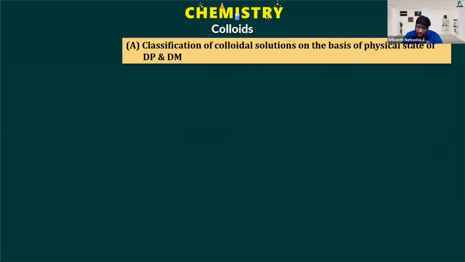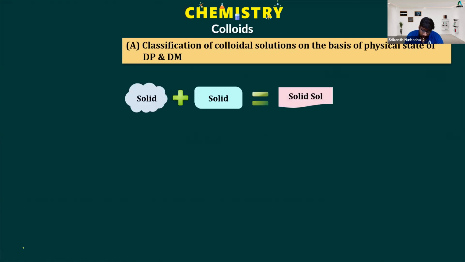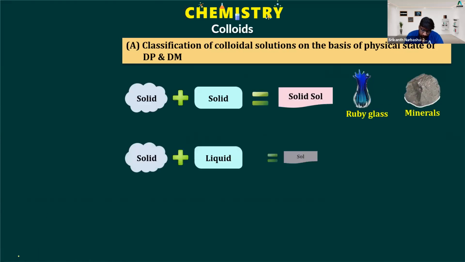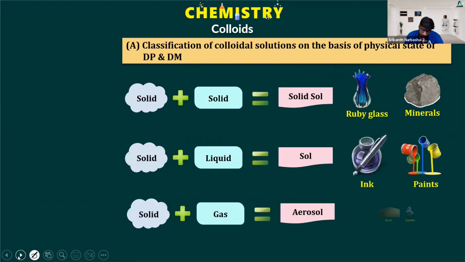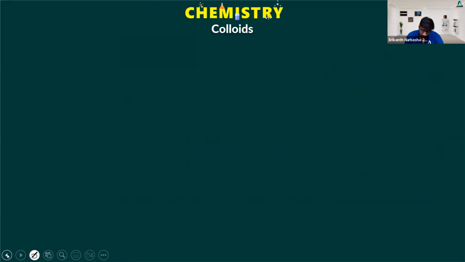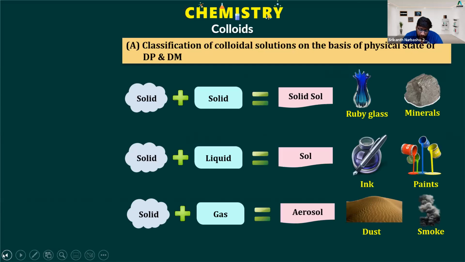Let us start with the classification of colloidal solutions on the basis of the physical state of the dispersed phase and dispersion medium. You can think of this classification: solid plus solid.